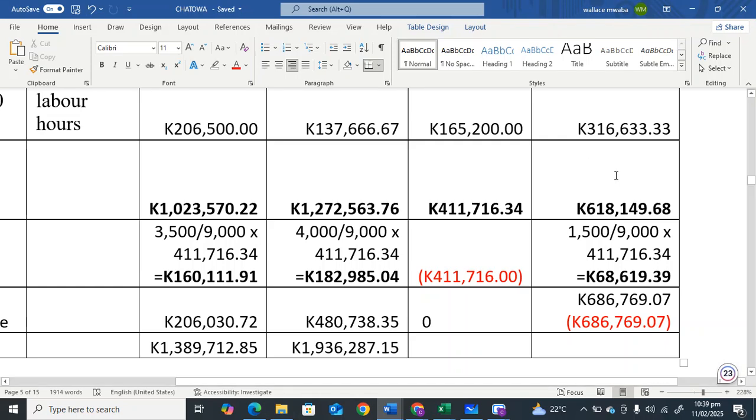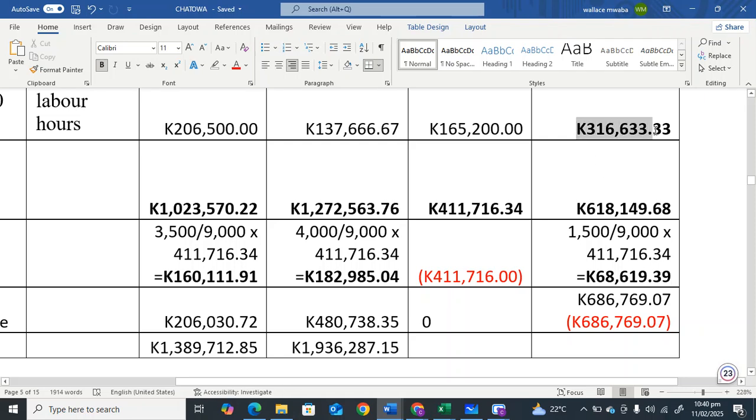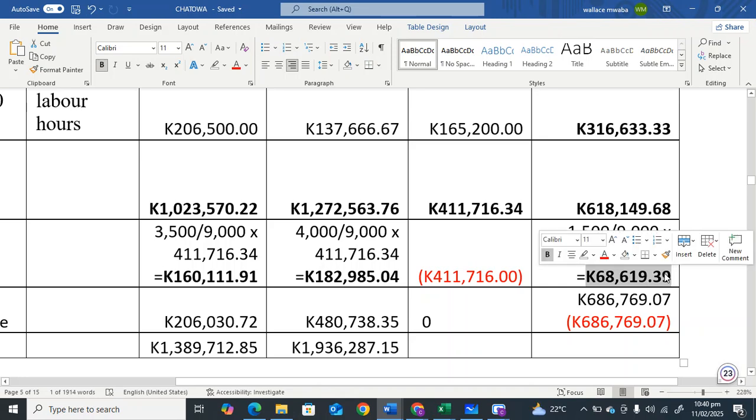Okay. Now, before you reapportion maintenance, since there's a new amount that has been brought from stores, this 68,619.39, you need to add it to the first total for maintenance. Once we got the total overheads for each department, add it plus this amount that has been apportioned to maintenance. So 316,633.33 plus 68,619.39.